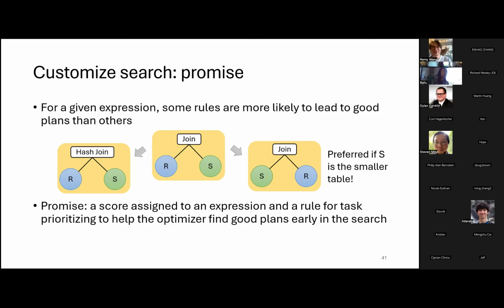In general, if the search is exhaustive, the promise only changes the order in which we explore the search space. It doesn't change the resulting query plan. But of course, when the search is not exhaustive, it's always better to find a good plan earlier because it helps with cost-based pruning. It can also improve the plan quality if the search times out.